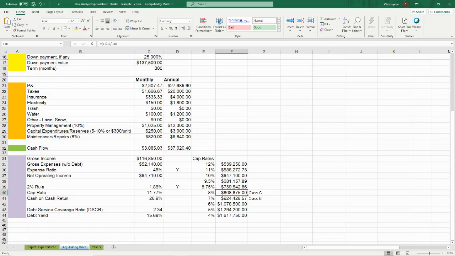The value of the property, from a modest $25 per month per unit, or $250 per month for the 10 units, or a total of $3,000 per year, has gone from $780,000 to $808,000. That seemingly small increase has increased the value of the real estate asset by $28,000. So why would you increase the rent by $25?